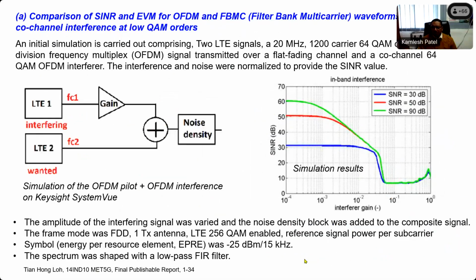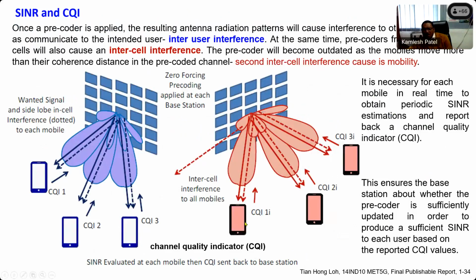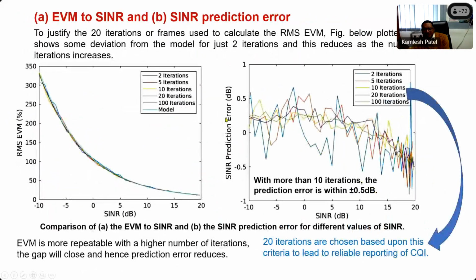So we can come to this point: the mobile user can give information to the mobile tower only if at least 20 or more iterations are taken, then the value of the channel quality indicator sent by the mobile to the tower is reliable or significant.